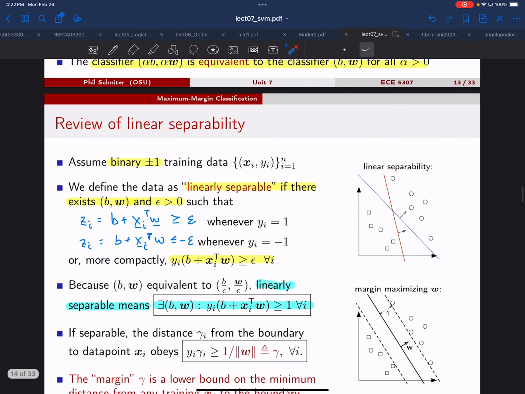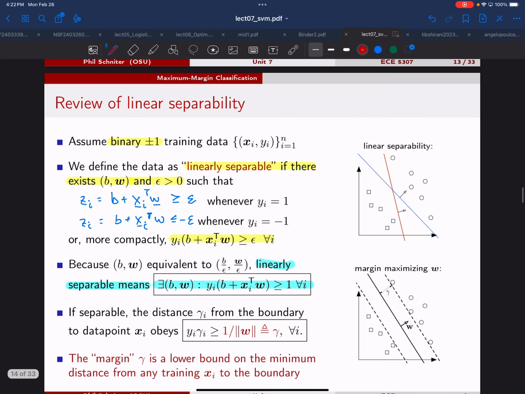Let's rewrite this as, I'll write it gamma i times norm of w. And then in one final step, I will divide both sides of this inequality by norm of w, and we finally get this statement.